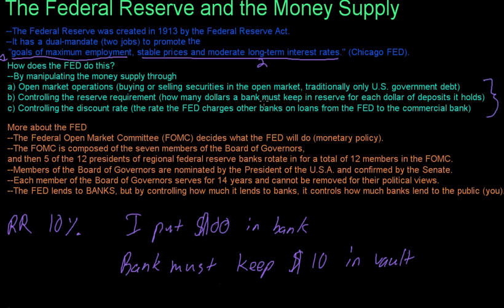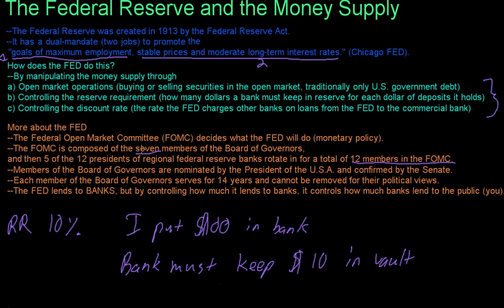It's a pretty powerful body, and you hear about it a lot in the news and the media, so I want to give you a little more background. It's composed of the 7 members of the Board of Governors that sit on the FOMC. And then 5 of the 12 presidents of the regional Federal Reserve banks rotate in for a total of 12 members in the Federal Open Market Committee.